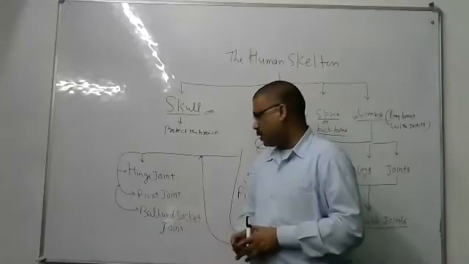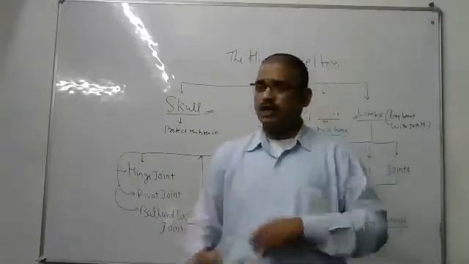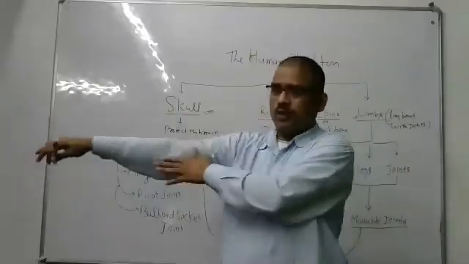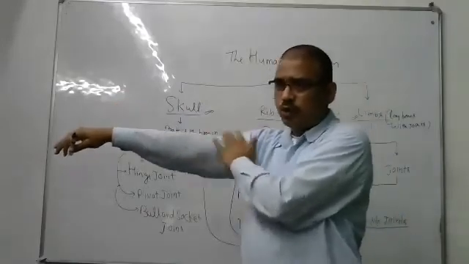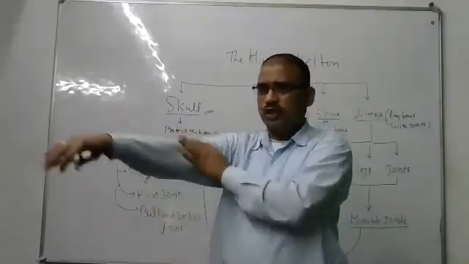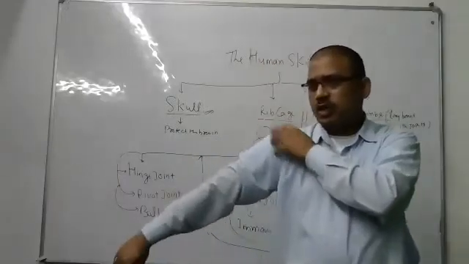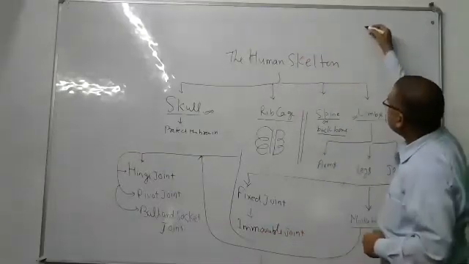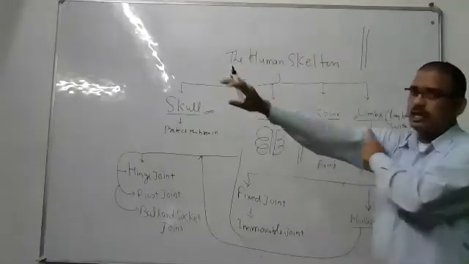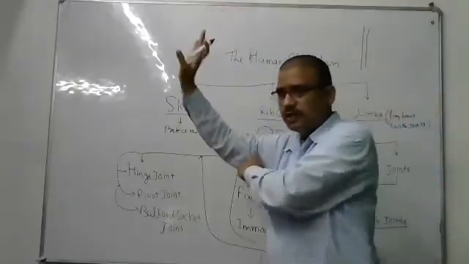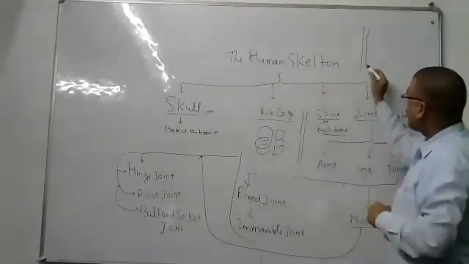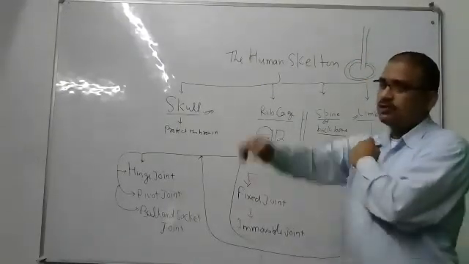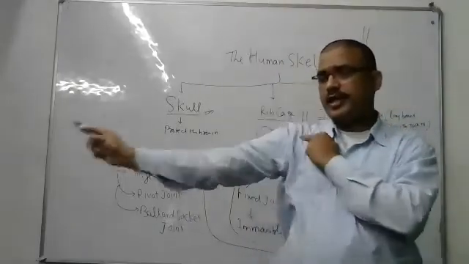When we talk about the last one, the ball and socket joint, this is the ball and socket joint. The long bone of the arm joins the shoulder, where there is a socket, and because of this it can rotate in any direction.